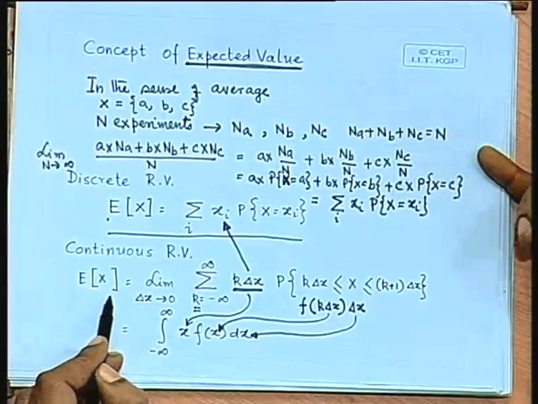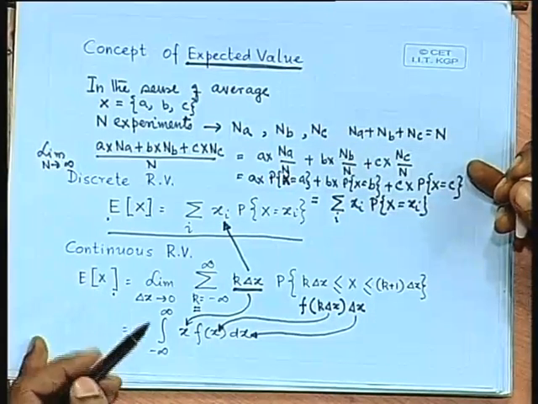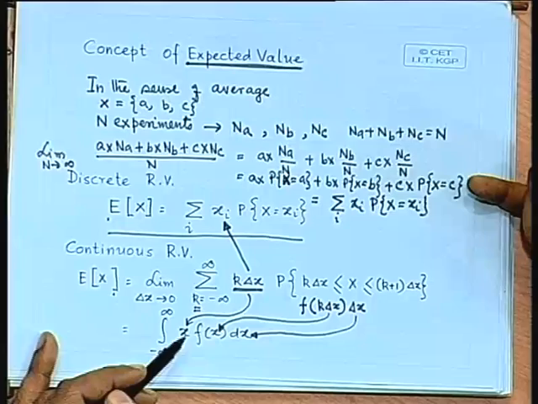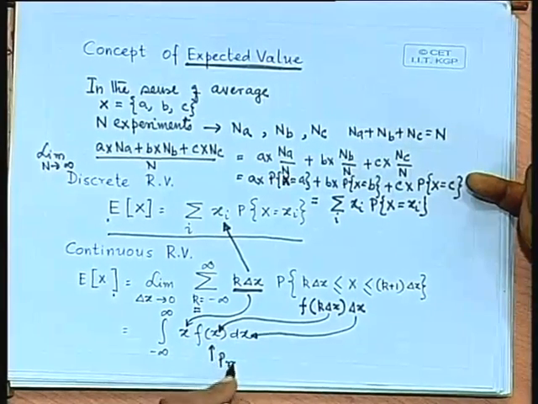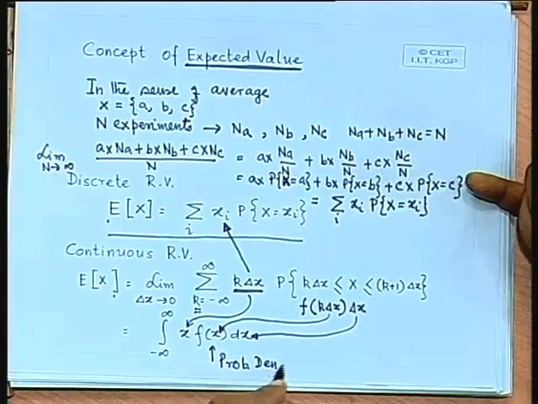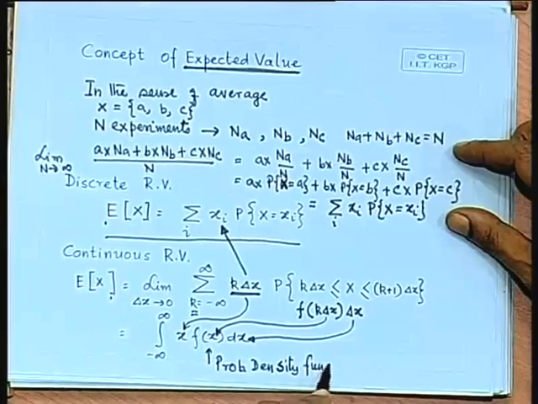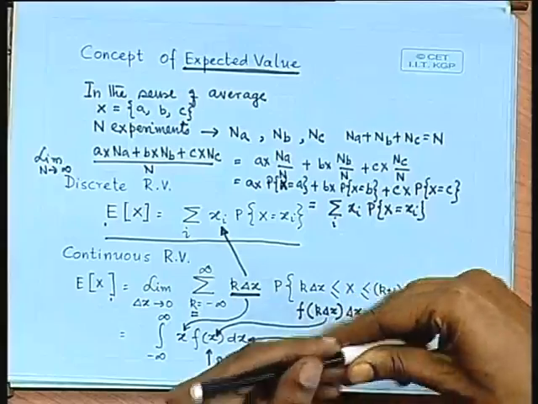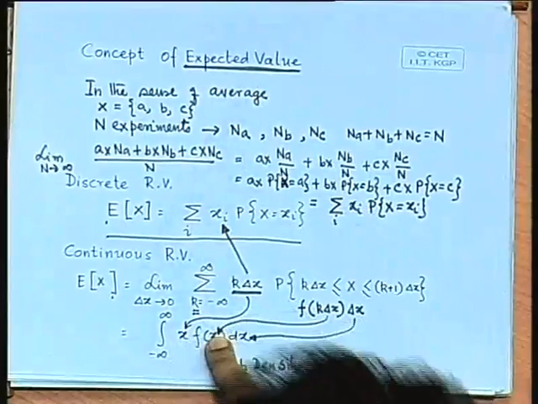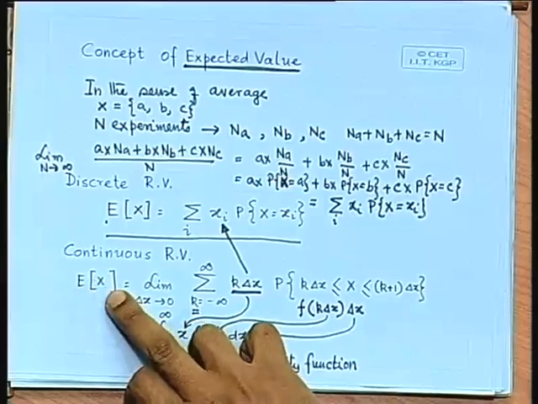So we get the definition of the expected value of a continuous random variable, which is the integral from minus infinity to plus infinity of x fX(x) dx, where fX is the probability density function. This is a very important quantity, often of great interest in various kinds of analysis. It is called the expected value of a random variable capital X and is denoted as E of capital X.